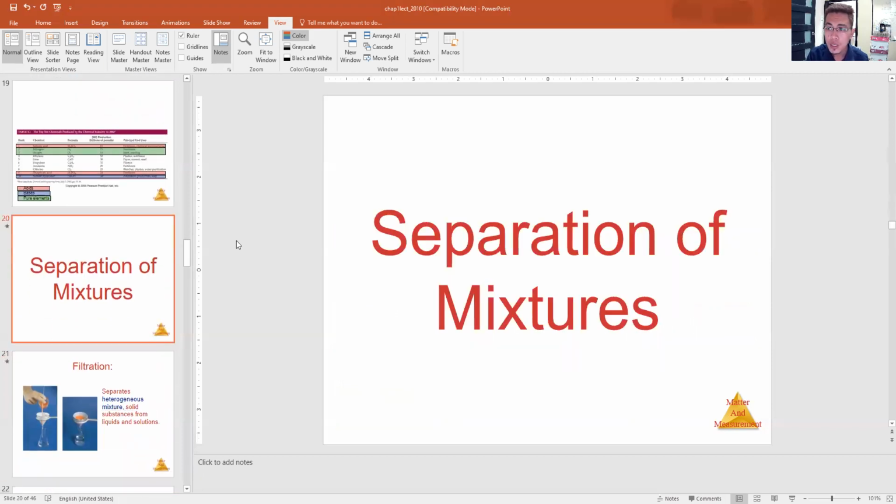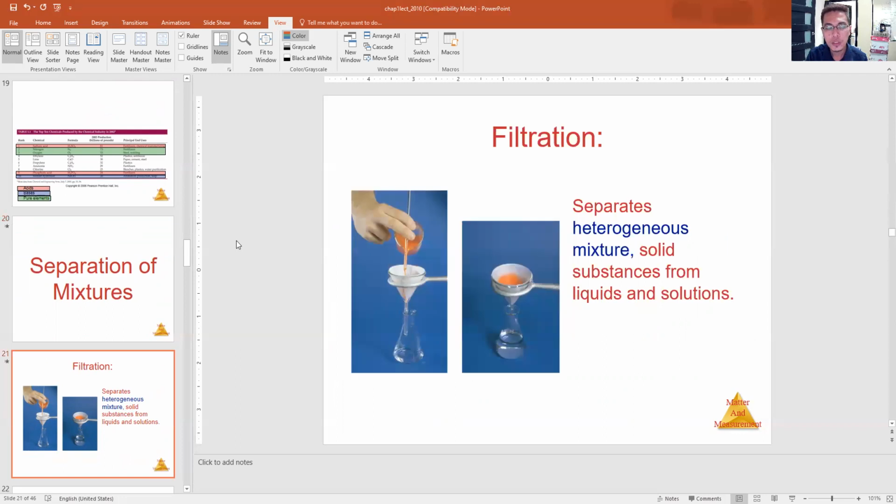Next is what we call separation of mixtures. There are different types, processes, or ways to separate a mixture. Number one is filtration. From the word filter, it separates a heterogeneous mixture, the solid substances from the liquid or solution.